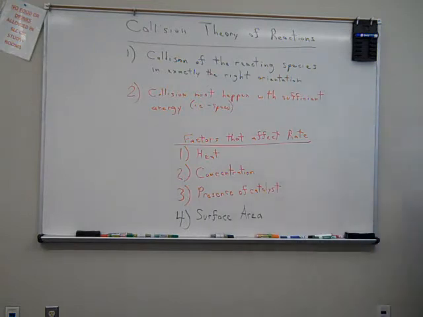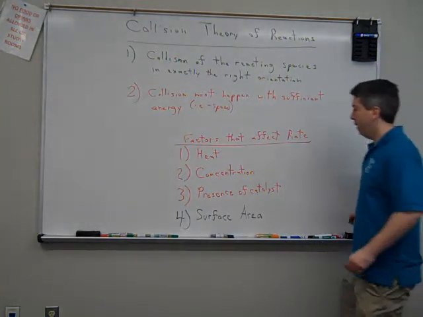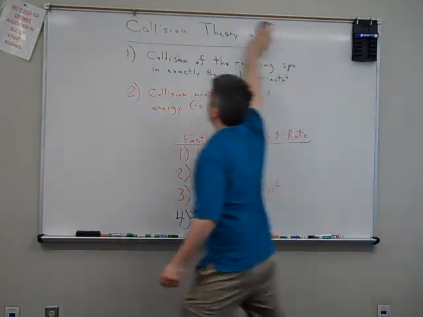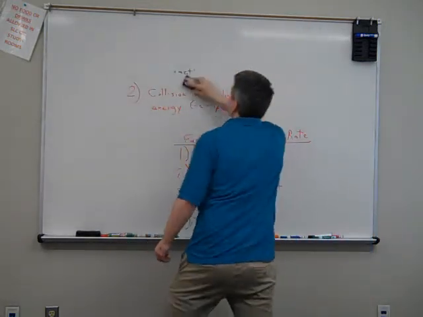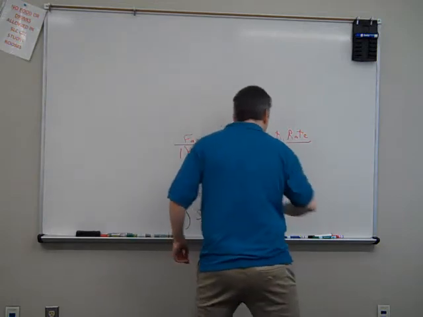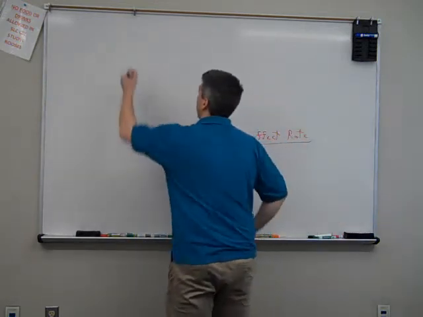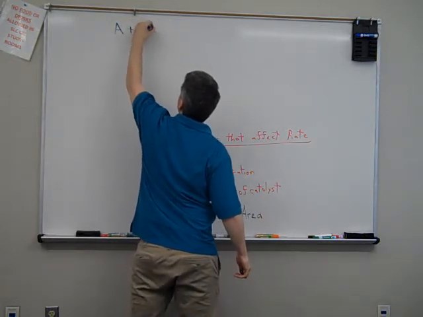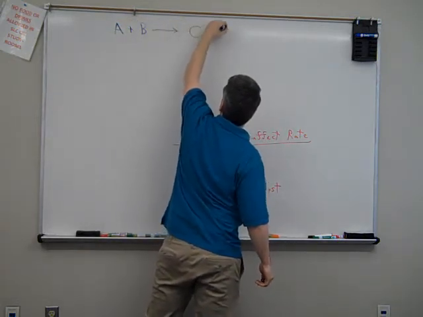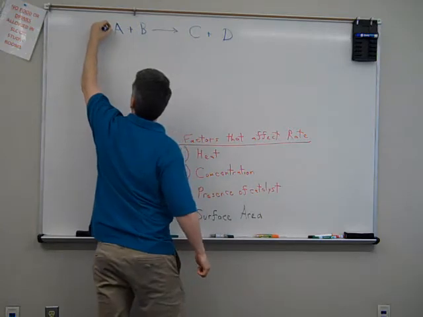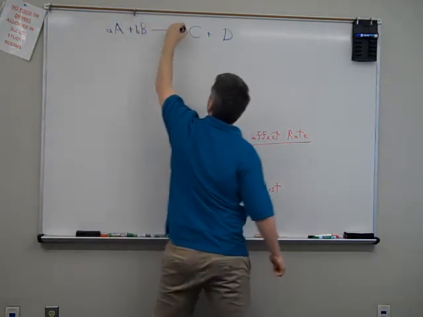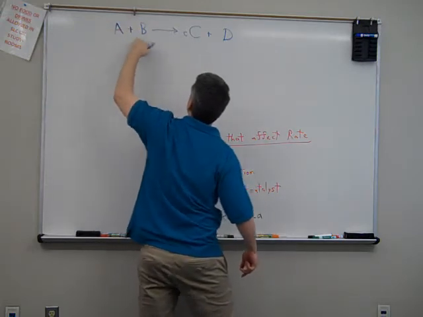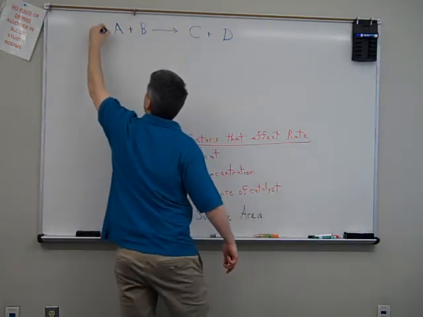So effectively, as you probably already know, if you have a reaction A plus B goes to form C plus D with coefficients little a, little b, little c, and little d. Actually, I'm not going to use little a, little b. I'm going to use real numbers because otherwise it's confusing.